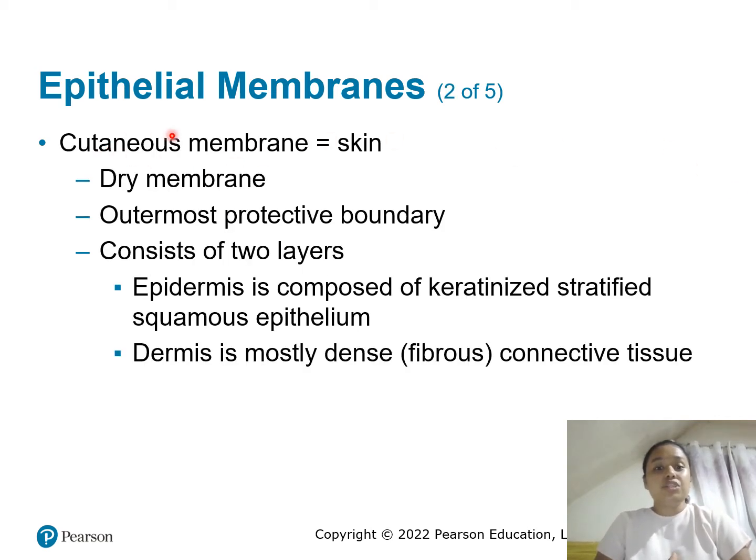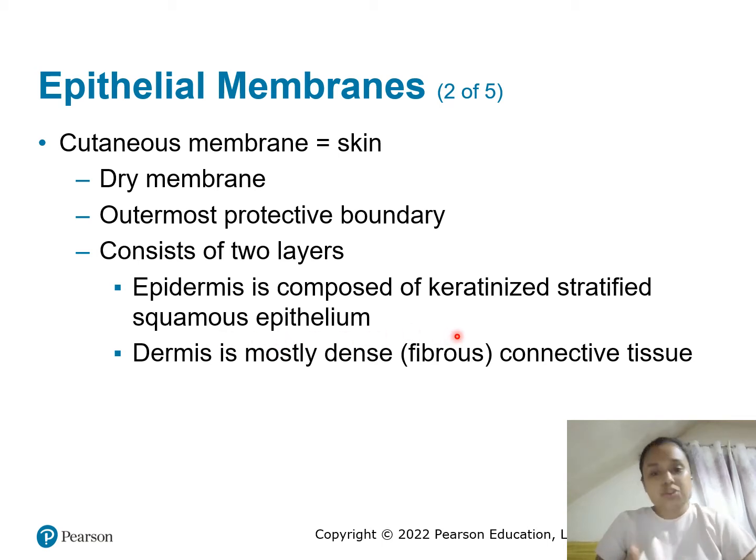Now, your cutaneous membrane is your skin. Your skin is a dry membrane. It is our body's outermost protective boundary, and it has two major layers. Your epidermis, which is composed of keratinized stratified squamous epithelium.